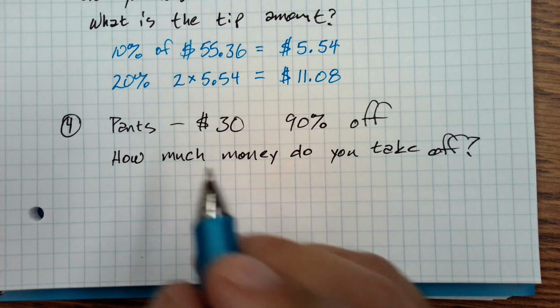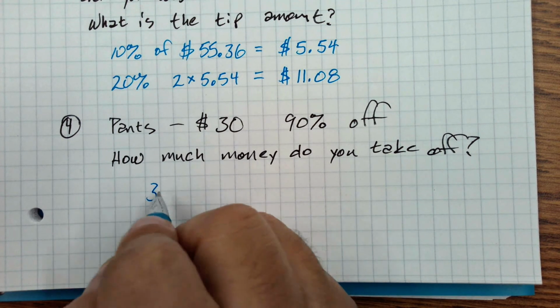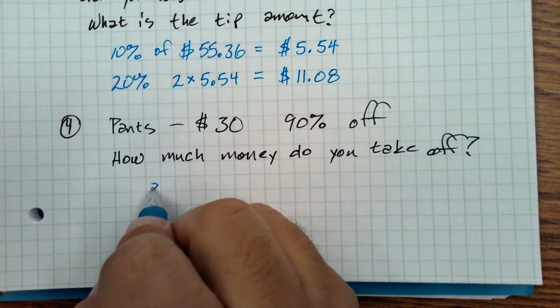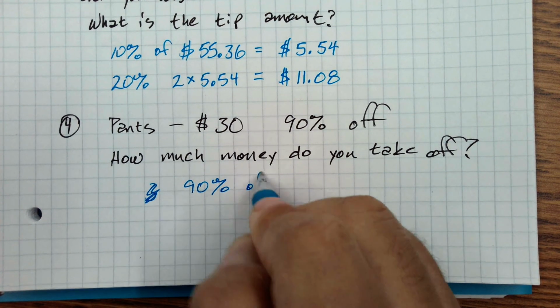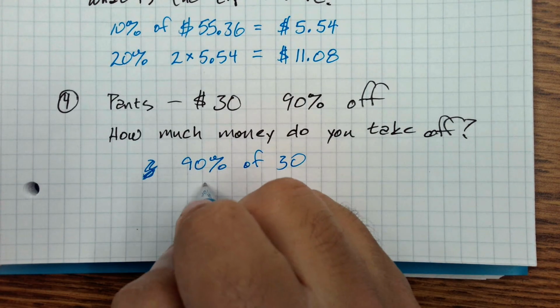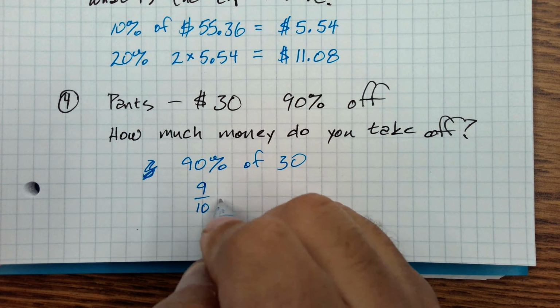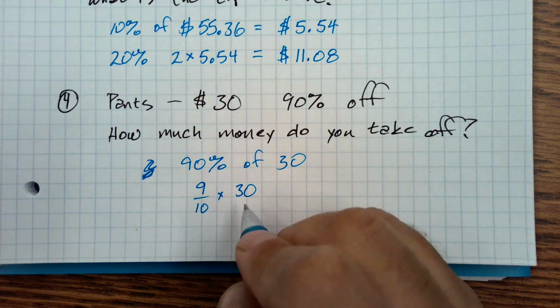Another way is you want 90% of 30. Isn't this 9/10 times 30 over 1?